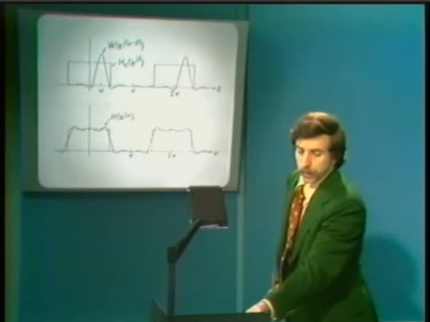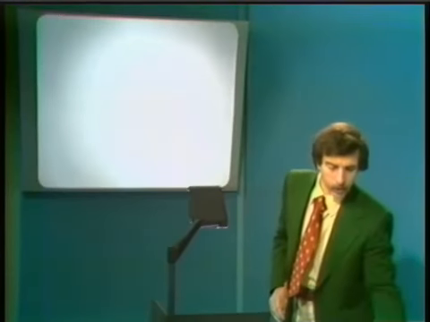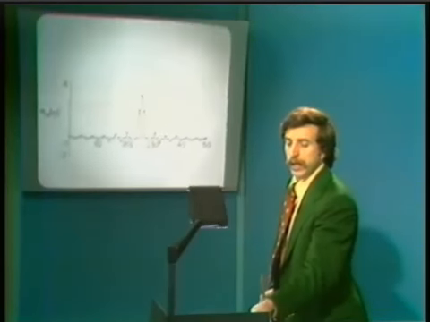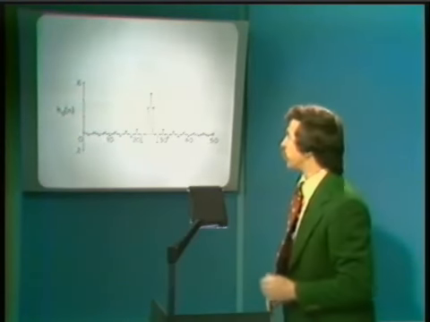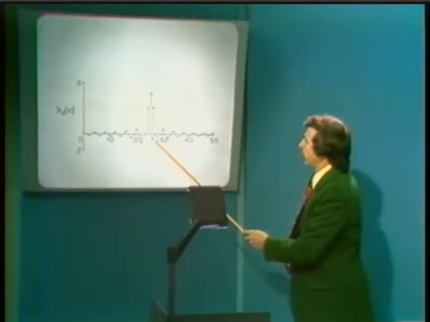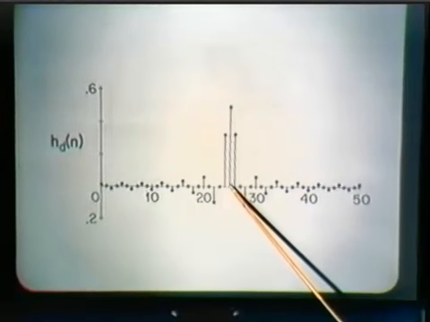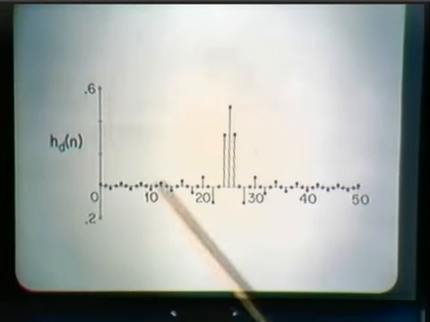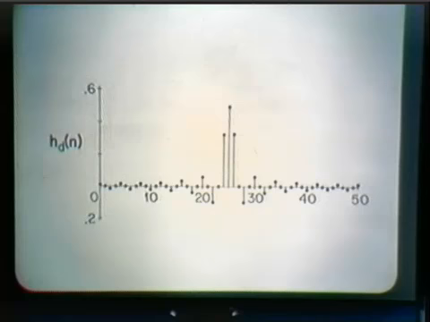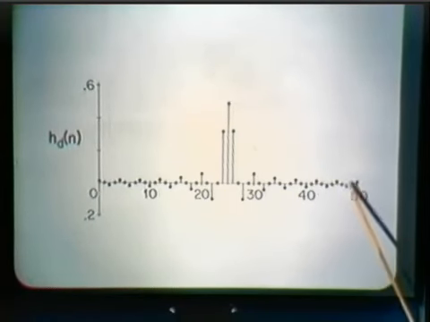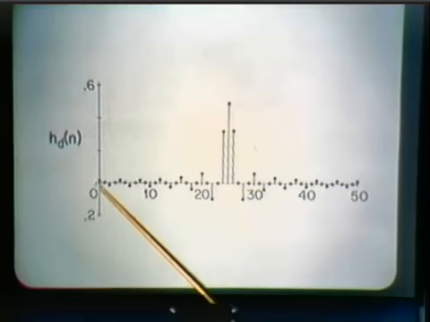Well, in particular, again continuing with the example of a rectangular window, if we look at the unit sample response for the case of an ideal low-pass filter multiplied by a 51-point rectangular window, then the unit sample response we obtain is as indicated here.